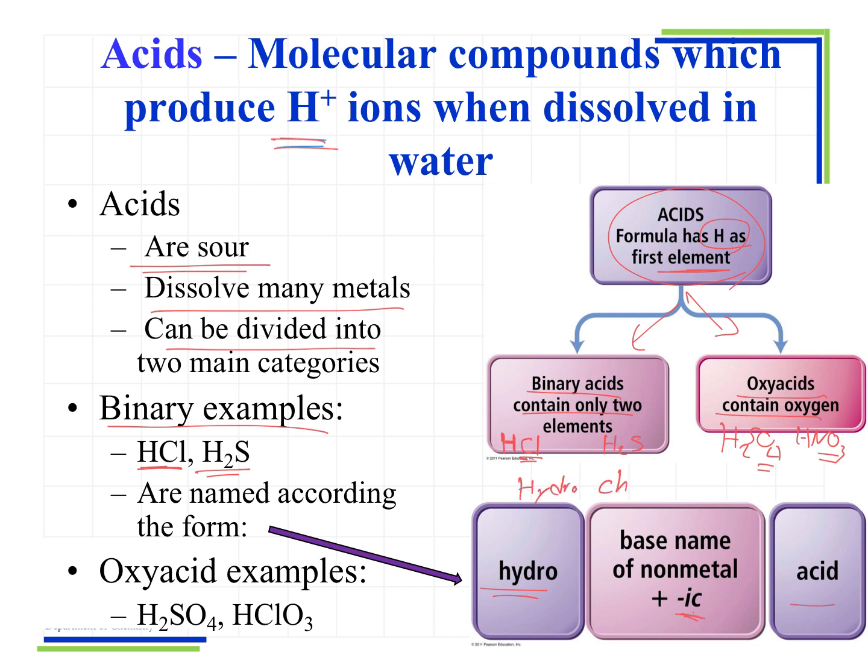Hydrochloric acid. If we had, for example, HF as the acid, the only thing which is different is the base name of the nonmetal. So it's hydrochloric acid for HCl, and for HF it is hydrofluoric acid. Okay, so that's how we name the binary acids.